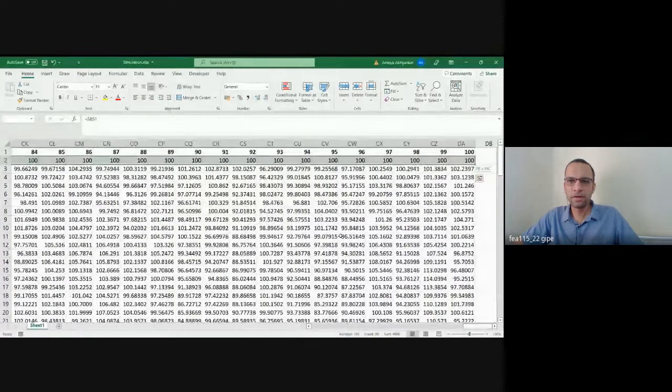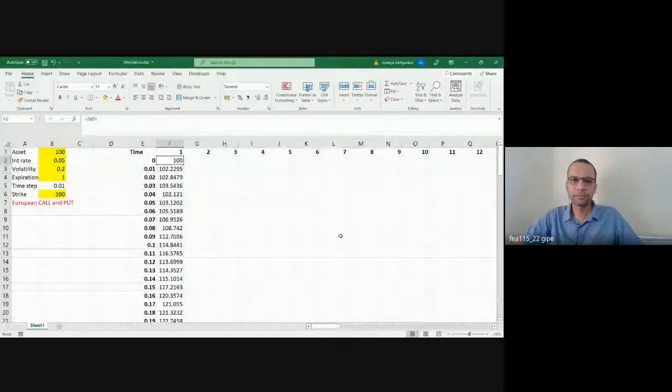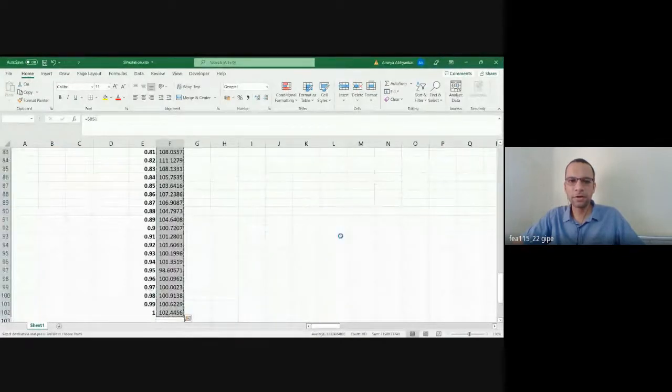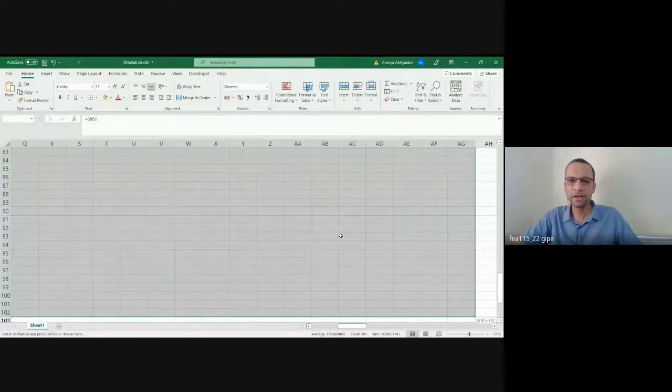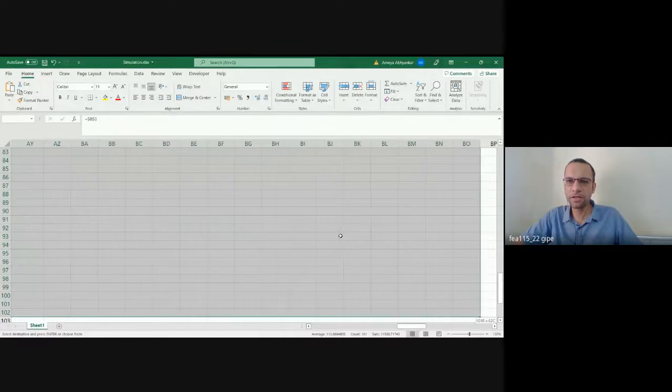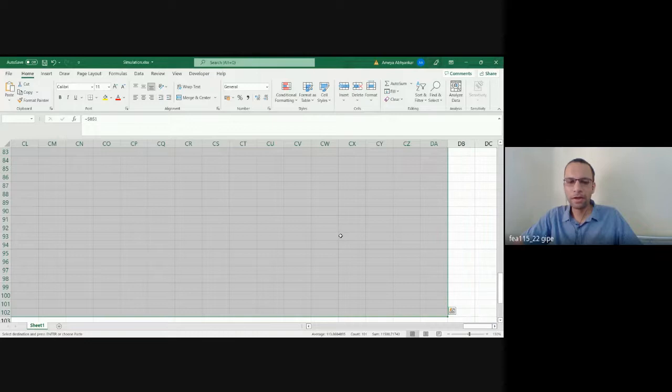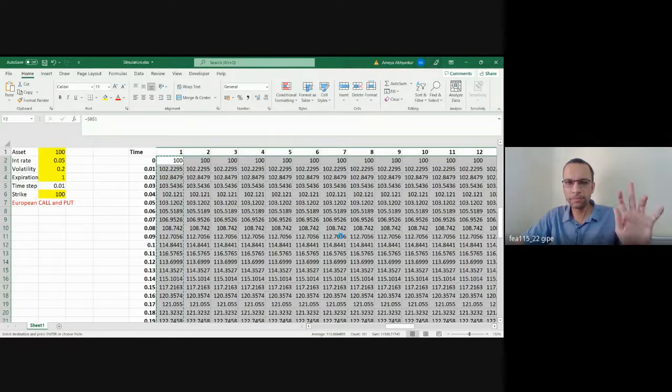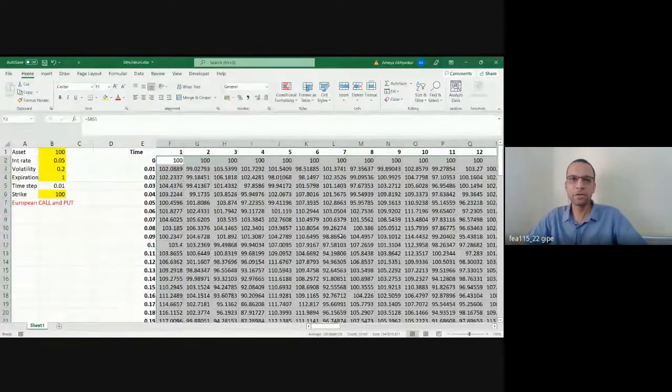If I delete this much, I select this much, I do a Control C. I select this remaining range until DA because DA is my 100th path. So let me go to DA and I do a Control V. So simple copy and paste, Control C and Control V, which will drag the formula. Either you can do that or you can select that range and drag your formula through the mouse. Both work fine.